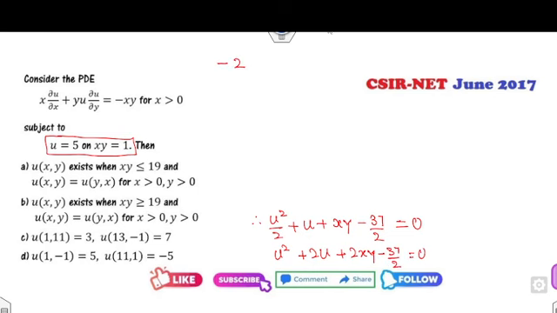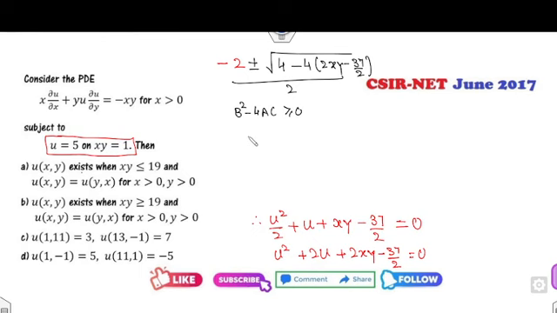So minus b plus minus square root of b square minus 4ac, with minus 37 over 2, then divided by 2. So now you can see when the solution exists. Solution exists when the discriminant should be greater than or equal to 0. So that means 4 minus 8xy plus 74 is greater than 0.